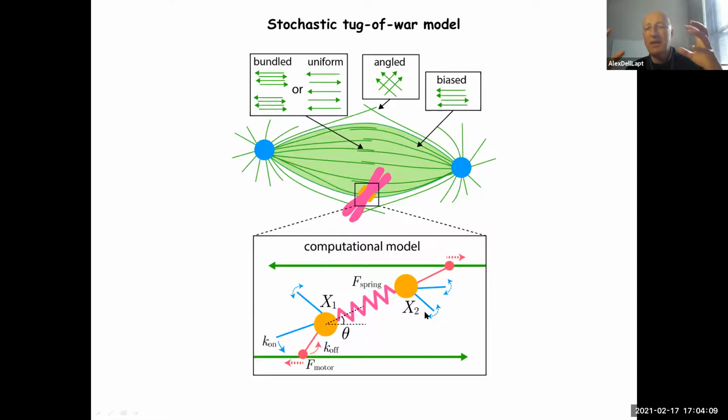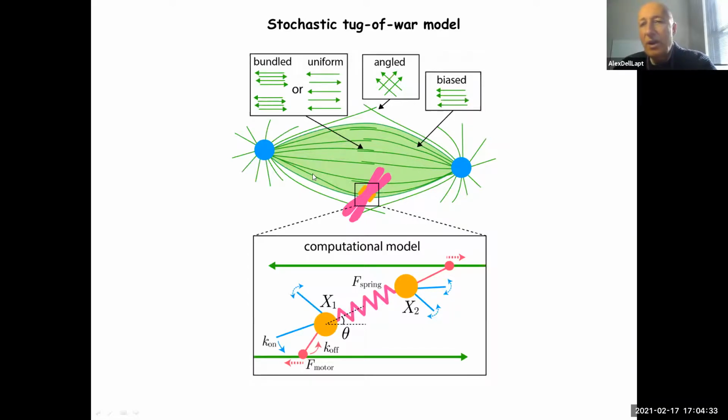So we simply had a certain polarity saying that short microtubules and motors like to act when they are aligned with KT directions and don't like to act in the perpendicular direction. And we wanted to see what this model would predict for how the chromosome behaves in a few different spindle parts.